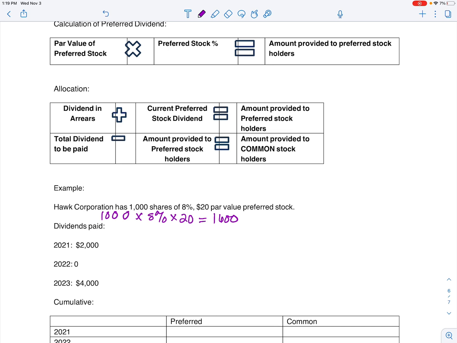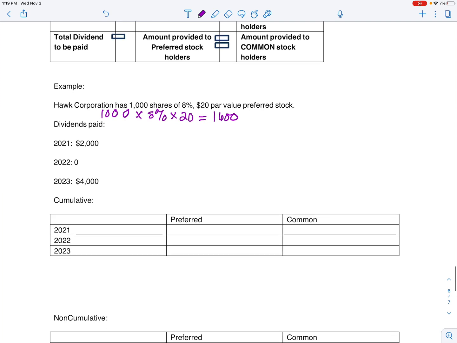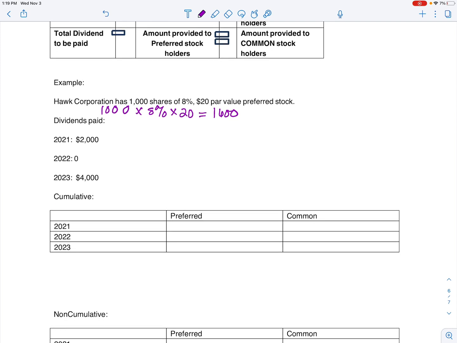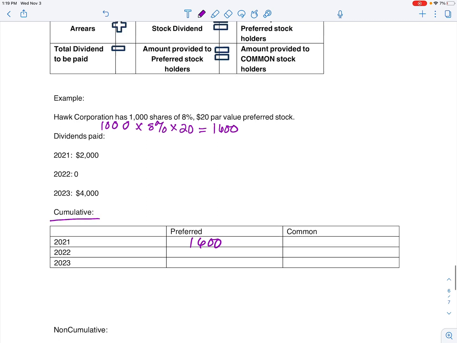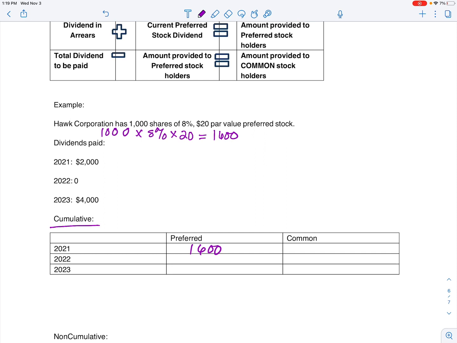So if dividends are paid as such over 2021, then nothing in 2022, I had a bad year, and then 4,000. If that stock is cumulative, that means the preferred stockholders in that first year will get $1,600. The amount that goes to the common stockholders, as you can see here, is going to be what's left, or 400, because I started with 2,000.